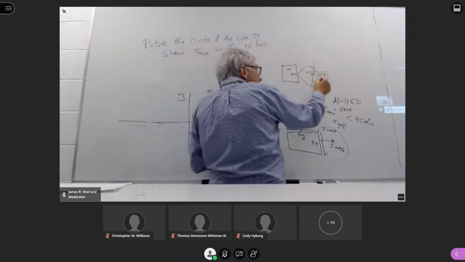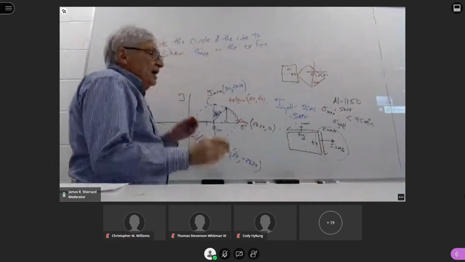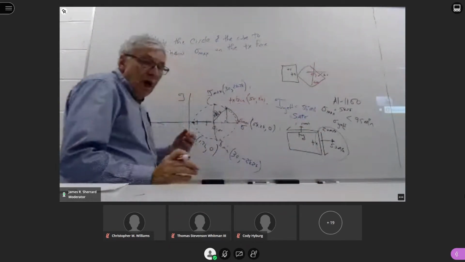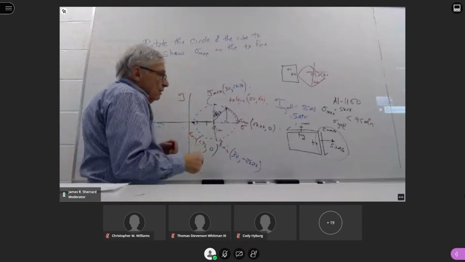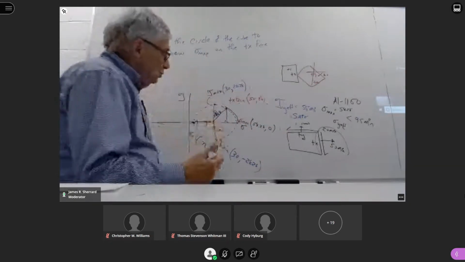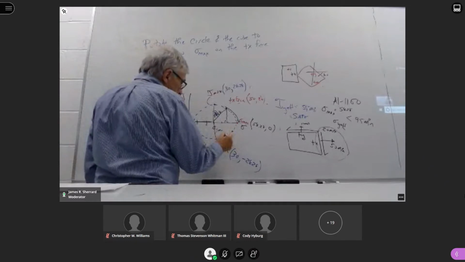We can find the values for plane and shear stress on either of these faces. And if you do that, no matter how you rotate the circle, clockwise, counterclockwise, wherever you rotate it, the plane and shear stress values will always be on this circle.